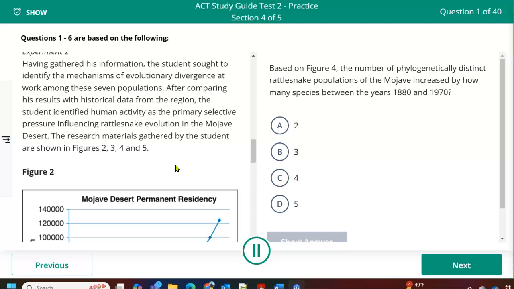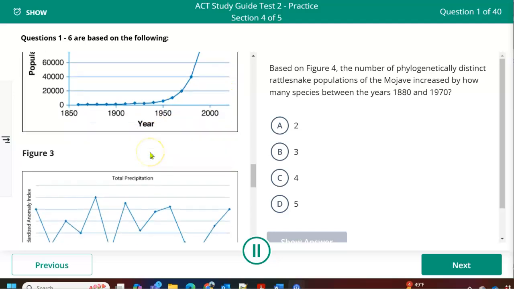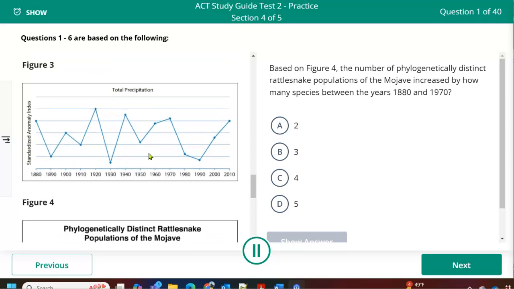The research materials gathered by the student are shown in Figures 2, 3, 4, and 5. So what we have here is the population of the Mojave Desert from 1850 to 2000, which seems to have gone up in the last 50 years. Figure 3, total precipitation from 1880 to 2010.